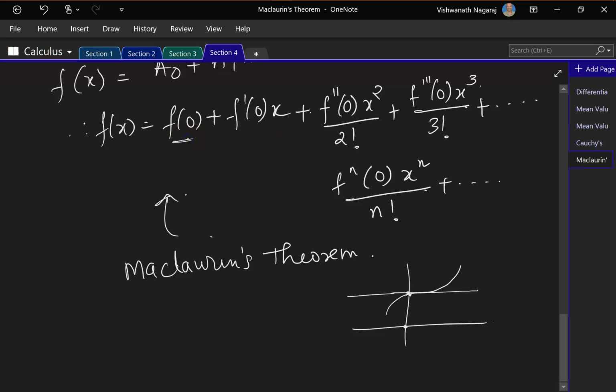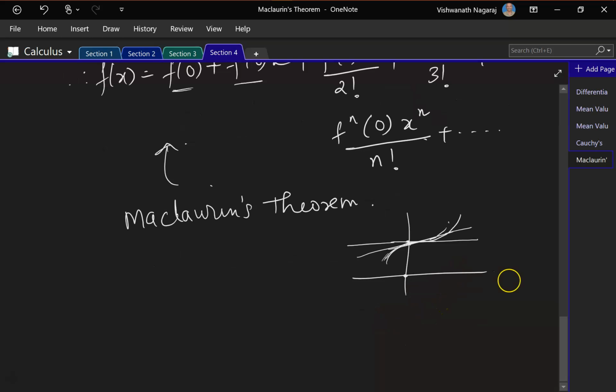So first I took only the first term. Now I am taking the second term. This will give me the slope at this point, right? So this will become something like this. Then I find the slope of the first derivative. Again I get this next derivative. So slowly what will happen is this graph will slowly superimpose over the original graph, and especially around 0 it will map perfectly.